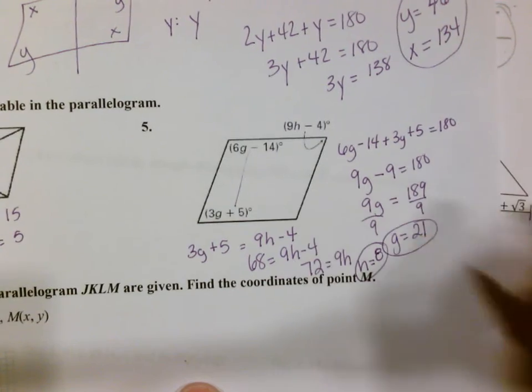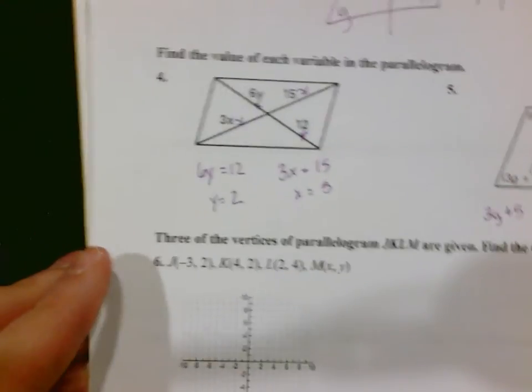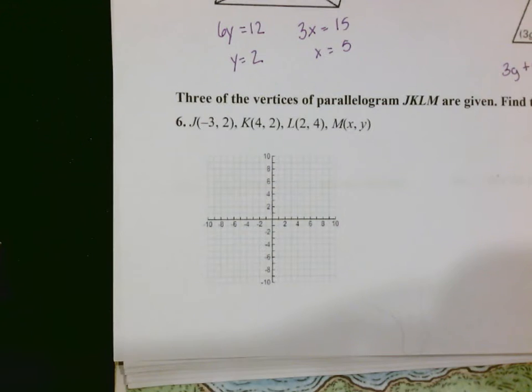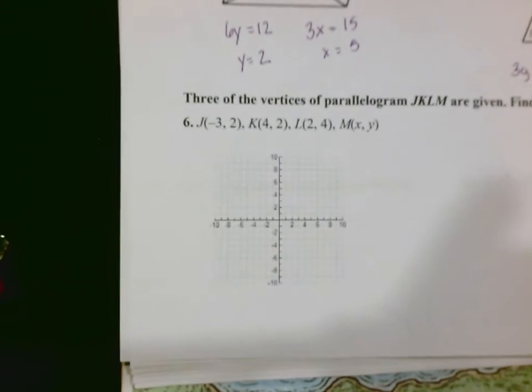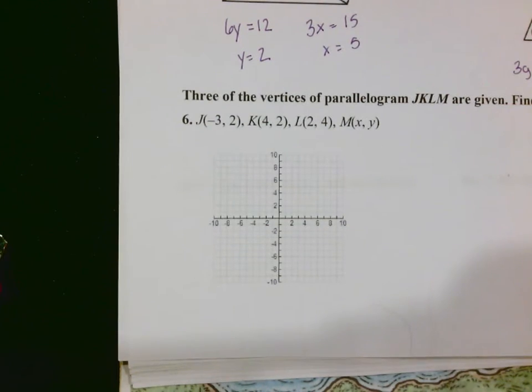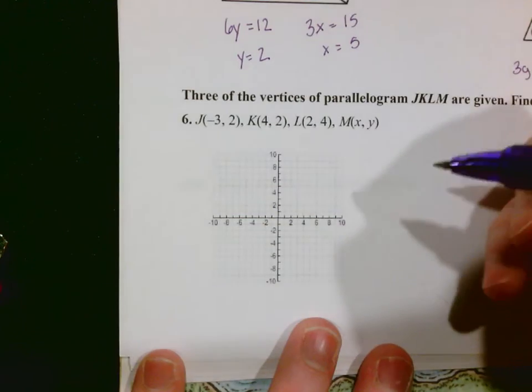So those are my two answers there. So last on this page is the vertices of a parallelogram. The first thing you need to do is graph your vertices. This is going to be kind of hard to see because my printer didn't print them out too clear. I'm going to graph everything in purple.